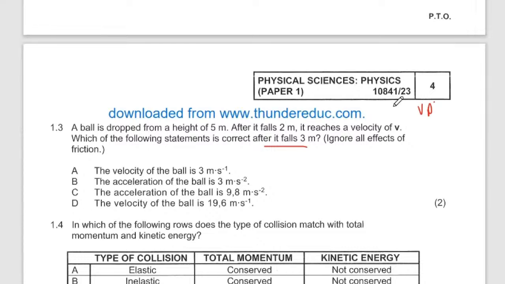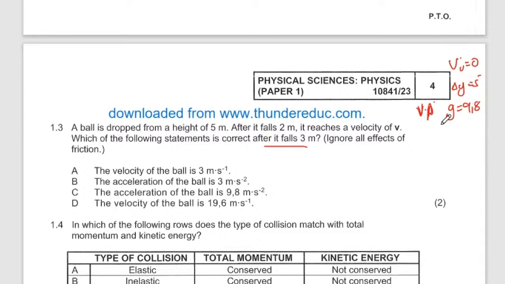Okay, so since it's vertical projectile motion, we know that our V initial is 0, since the ball was just dropped. Now we know that the delta Y is 5 meters. The acceleration due to gravity is 9.8 meters per second squared.